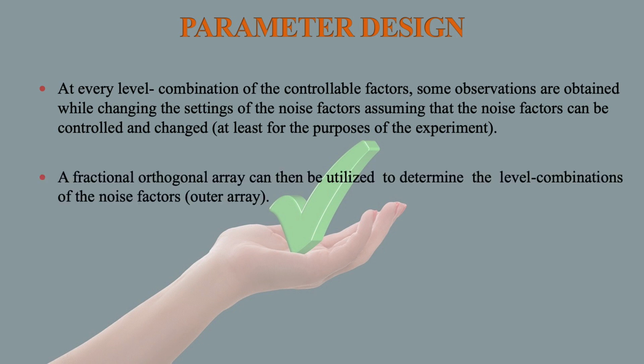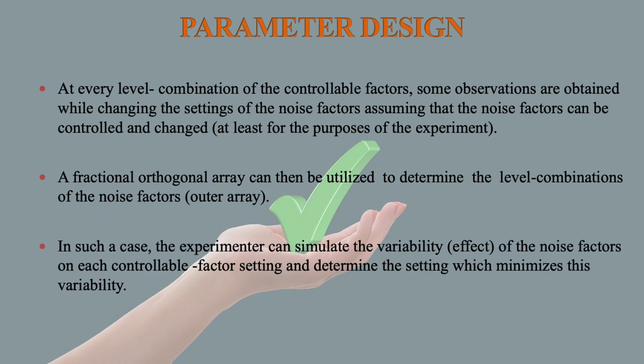A fractional orthogonal array, the outer array, can then be utilized to determine the level combinations of the noise factors. In such a case, the experiment can simulate the variability of the noise factors on each controllable factor setting and determine the setting which minimizes this variability.